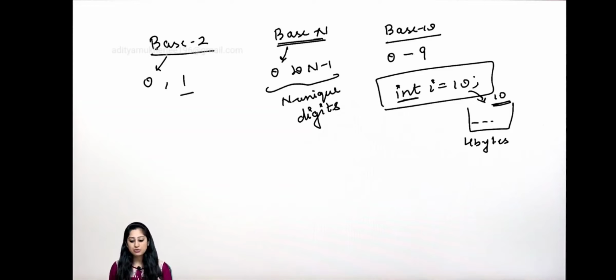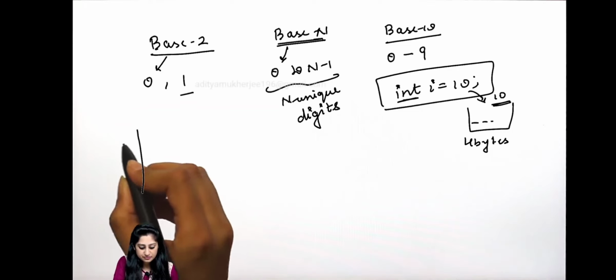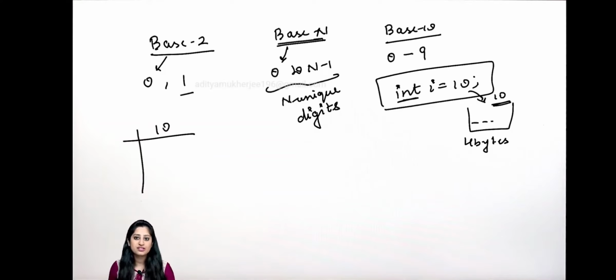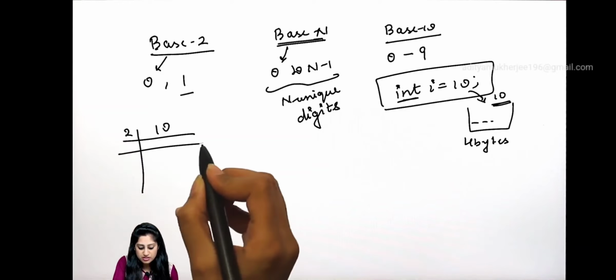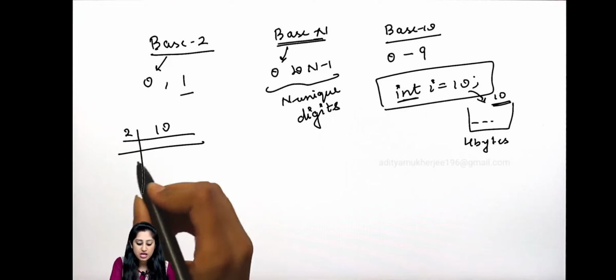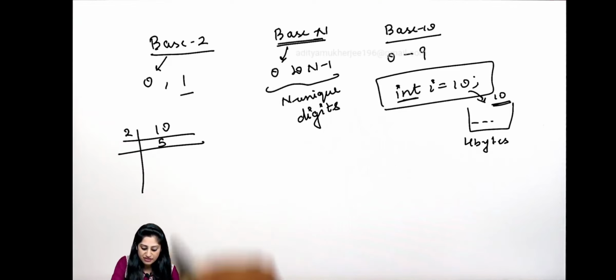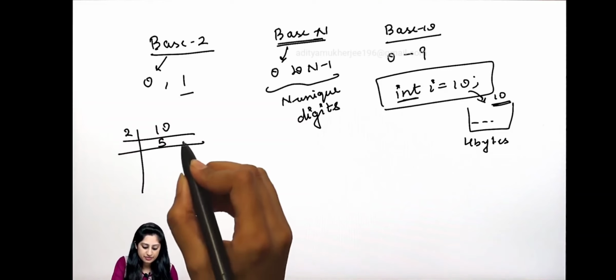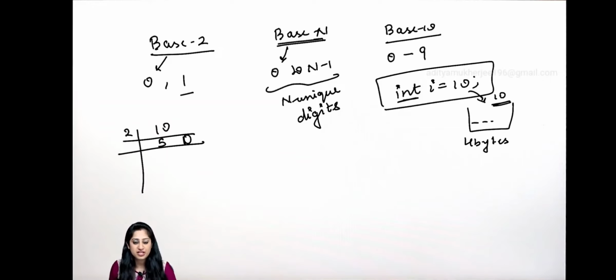So let's see how to convert a normal decimal number to a binary number. Say we have the decimal number 10, and I want to convert it to binary. How can I do that? Write it like this: 2 is the base, 10 is the number. Divide 10 by 2. Whatever quotient you get right here, 5, and whatever remainder you get right here, which is 0, since 10 completely divides, right?